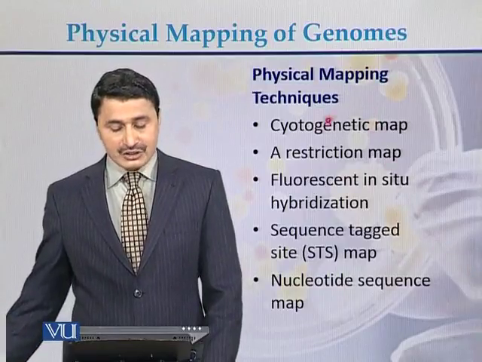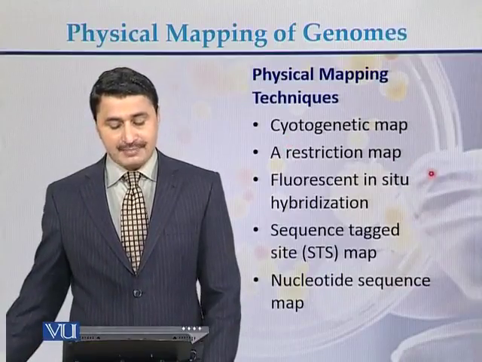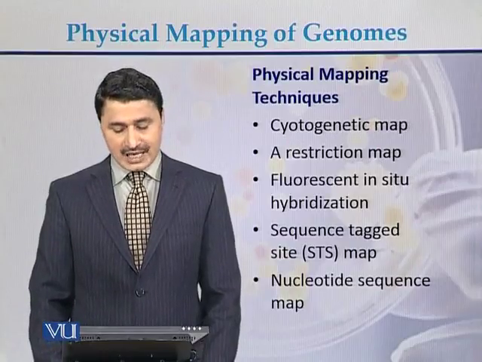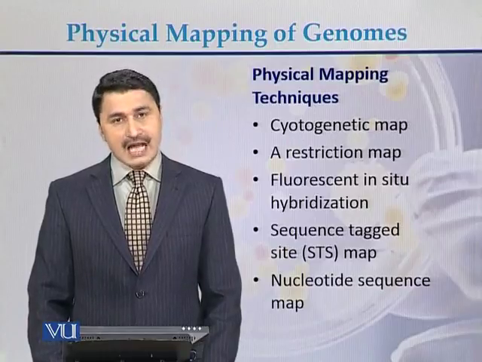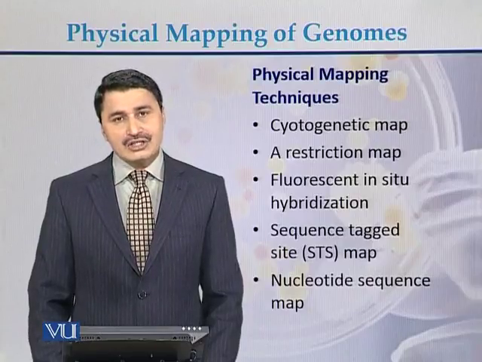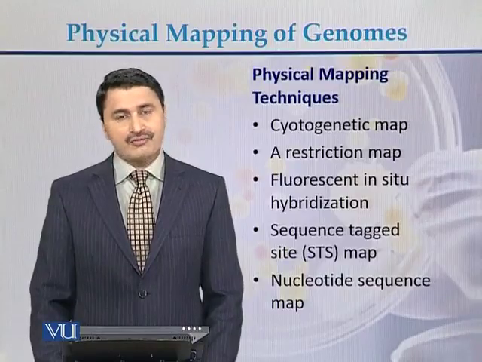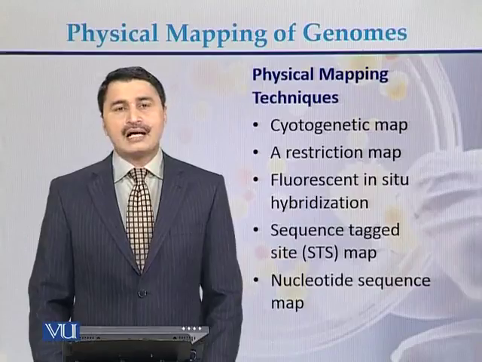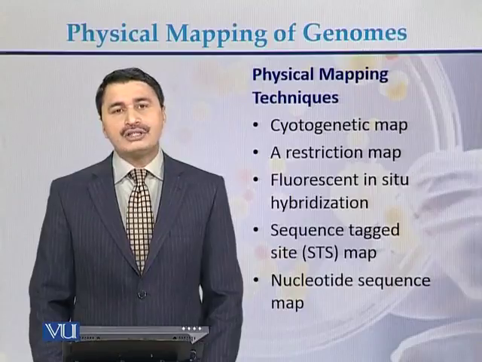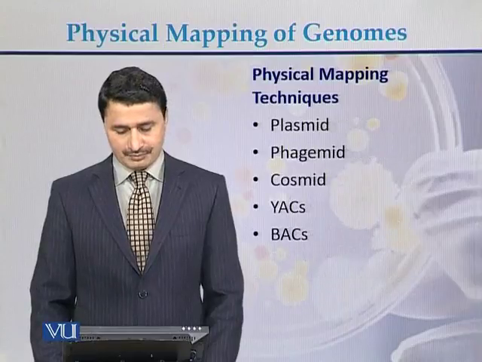The lowest resolution is the cytogenetic map, then the restriction map, then fluorescent in situ hybridization, then the sequence tagged site map, and then the nucleotide sequence map. So this is the list of physical map resolution: the lowest resolution is the cytogenetic map, and the highest resolution is the nucleotide sequence, and all these are different types of physical mapping of the genomes.